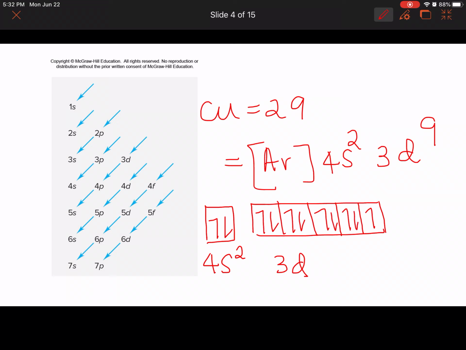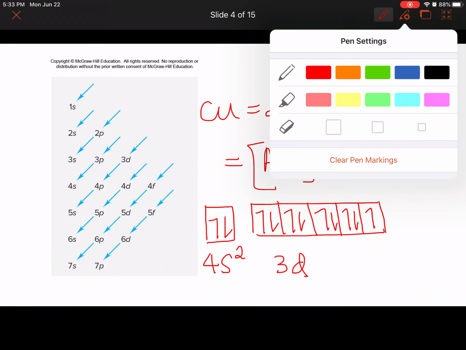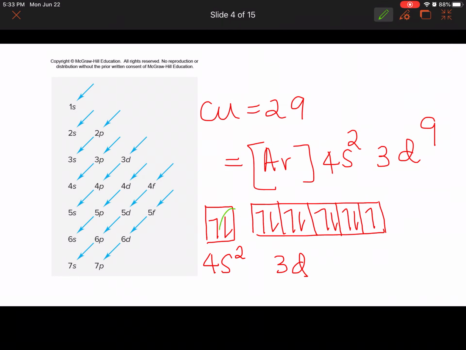Now something happens when the d electrons are completely filled. Right now it has only 9. What's going to happen is one of the s electrons jumps onto the d orbital and makes it a complete 3d10. That gives added stability for the copper atom.